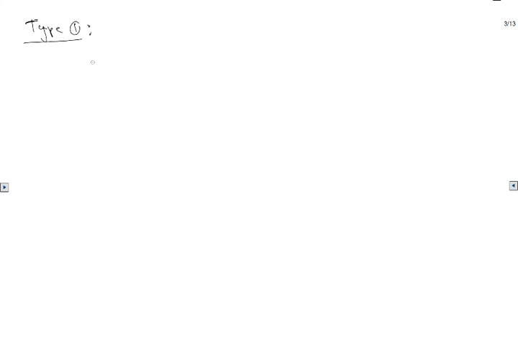We had y prime equal f(x,y). You know, this function f(x,y) is a function of two variables, but the first type is when it is just a function of the x variable only. So that's type 1.